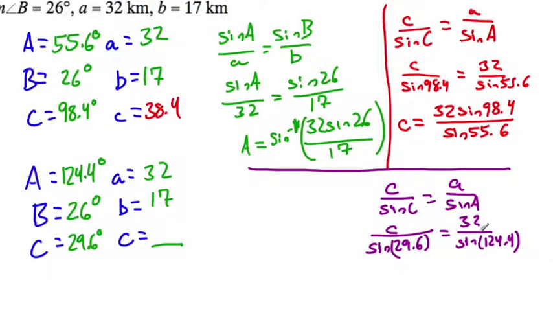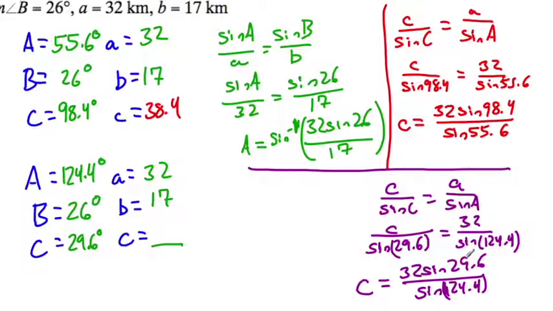And again, you can see that this A is actually different from the first A. But no worries. I get C is equal to 32 sine of 29.6 over sine of 124.4.